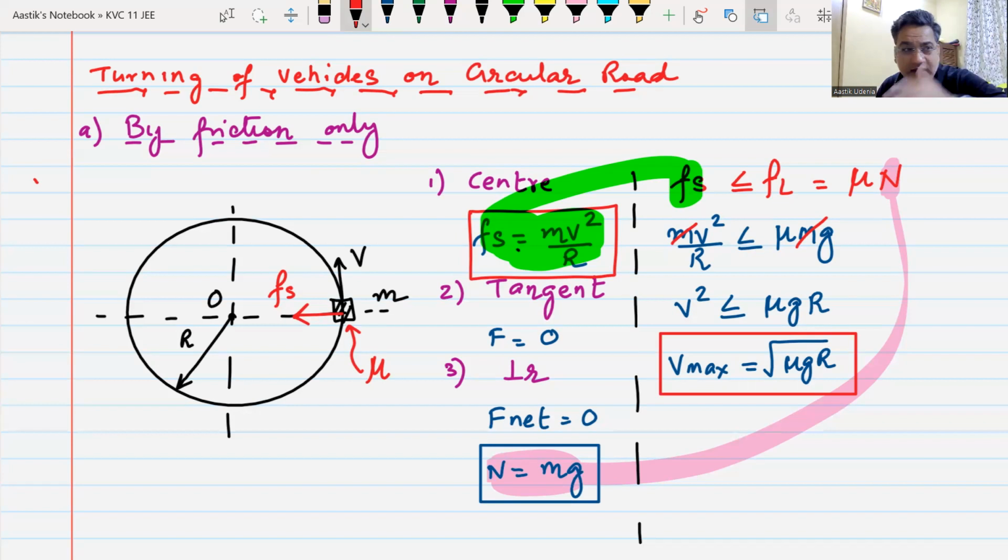Because if the car is fast, it will not be able to turn and crash. Well, accidents can happen on a straight road as well. The most likely spot is where we turn, and this is the maximum speed with which we can turn on a circular road using friction only.